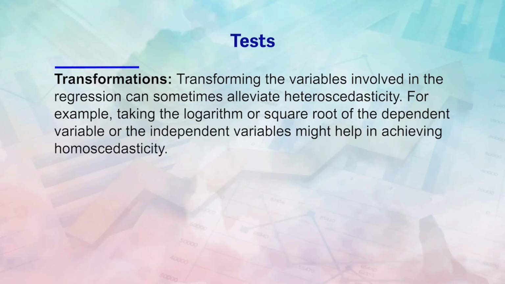Transformation can also help in the process, but that is very rare, where we can make a log transformation, and by taking the log, the spread of the variable is reduced. That means the variance is taken care of, and as a result of that, heteroscedasticity can come down.